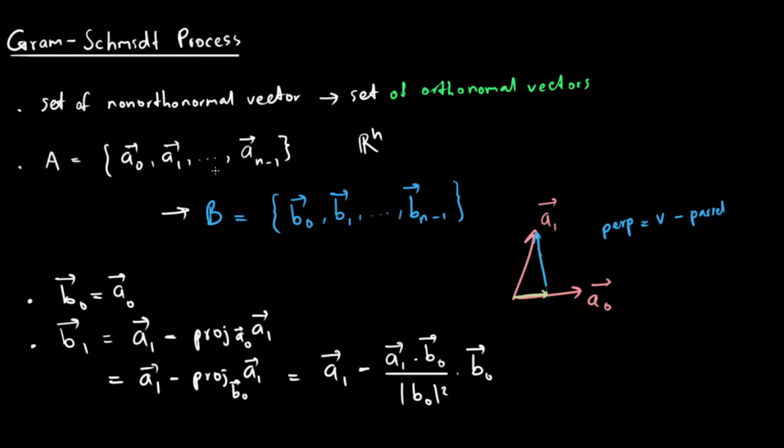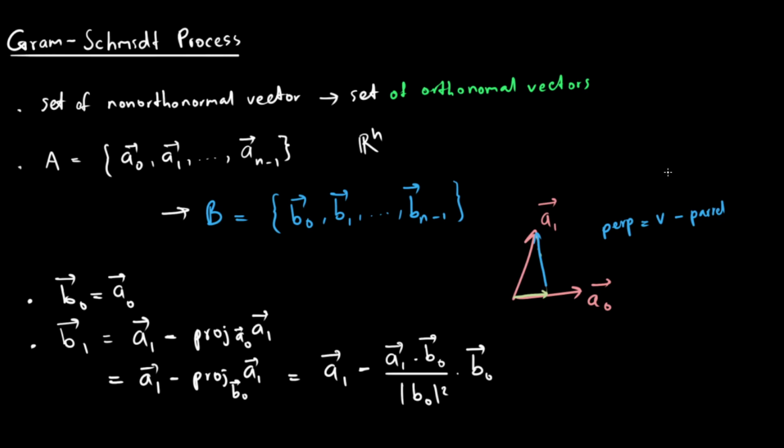We project A2 onto B0 and B1 to get the parallel components, and then we take A2 and subtract both of these projections, and after we subtract, we get the perpendicular component.